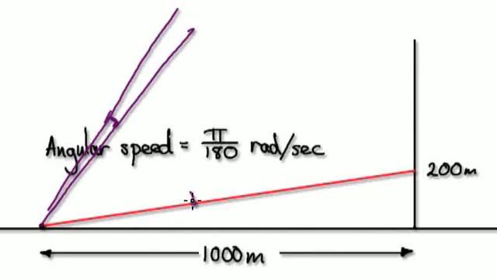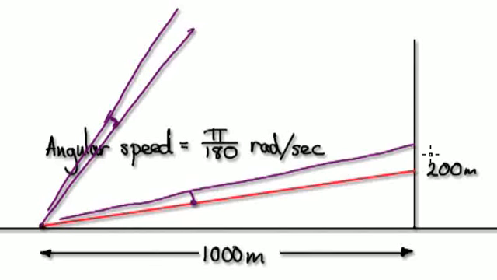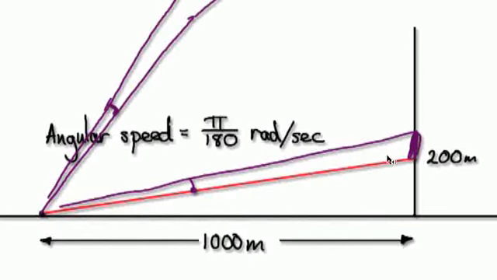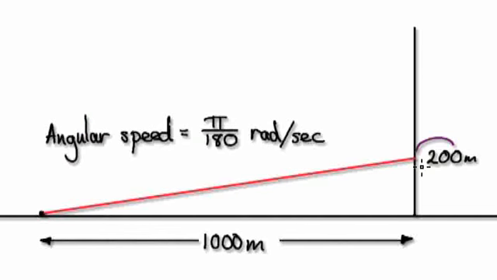Whereas down here, a small increase would only translate to a small vertical distance. Anyway, find out the speed when it's 200 meters above the ground. Press pause and have a go.